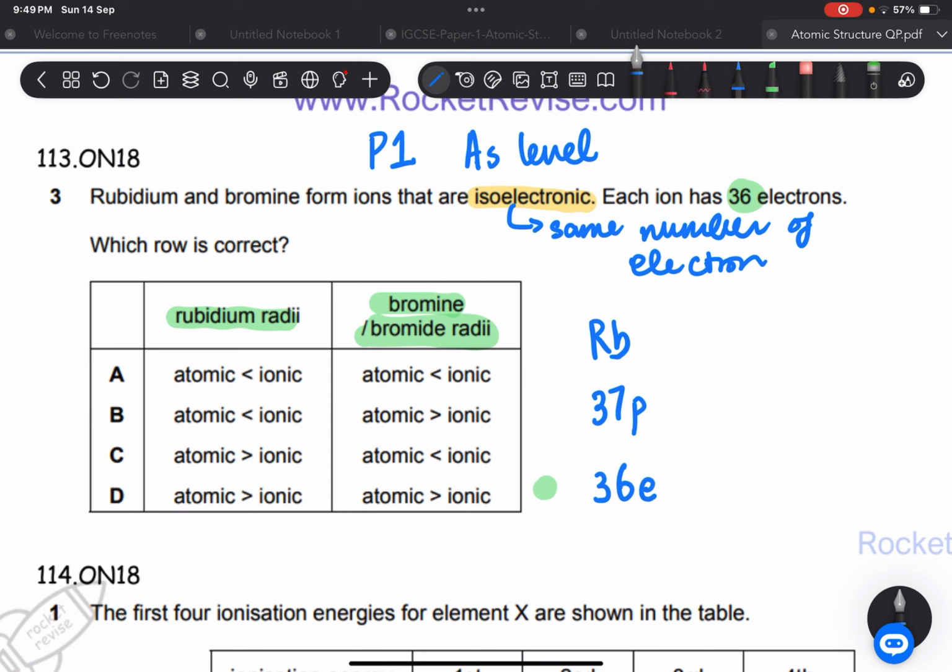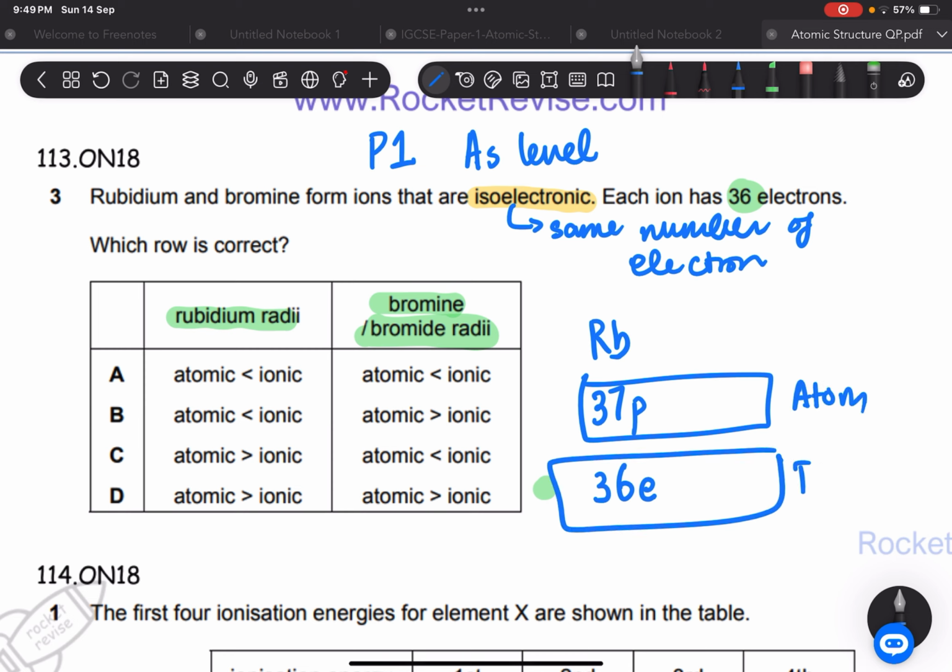Over here, this is the rubidium atom, and this one right here is a rubidium ion. For an ion, the number of protons remains the same because obviously you're not losing or gaining protons. But the electron number in a rubidium atom is going to be 37, and in a rubidium ion, it's going to be 36 electrons. That's for rubidium.